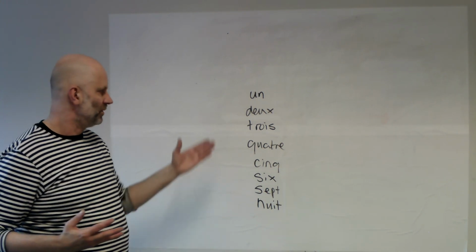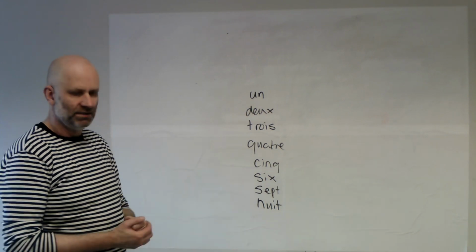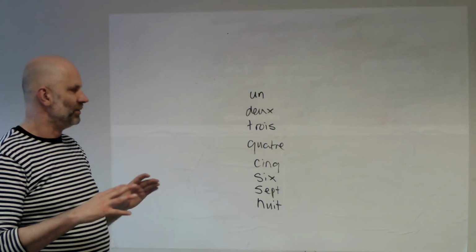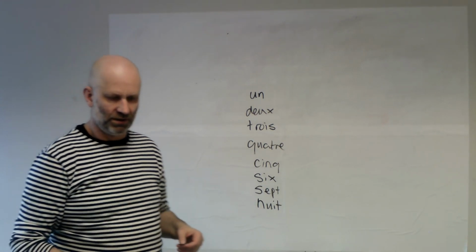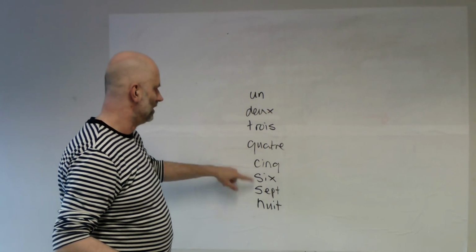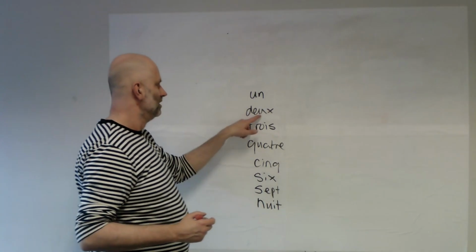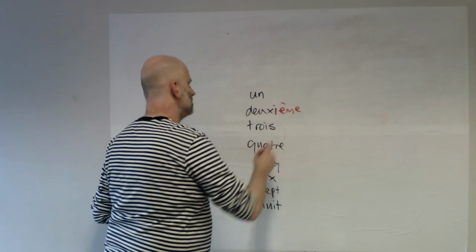talking about ordinal numbers. So here we've got the cardinal numbers, 1, 2, 3, 4, 5, 6, 7, 8. So how do we get the words equivalent to first, second, third? Okay, so if we look at 2, 3, 4, 5, etc., what we do is deux, and we just add ième. Deuxième.